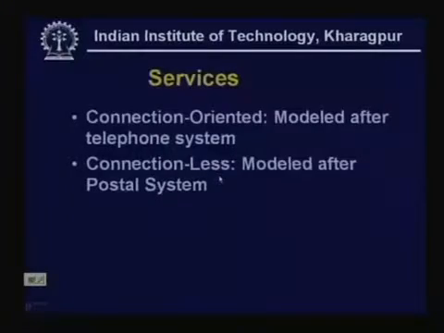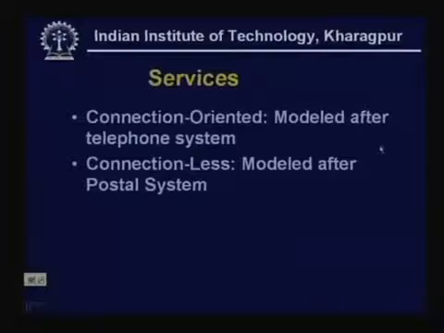Then the connectionless model is modeled after the postal system. In a postal system, if we want to send a letter to somebody, we do not establish a connection with the receiver. We put the letter in an envelope, write down the address, and then put that letter in a letter box.